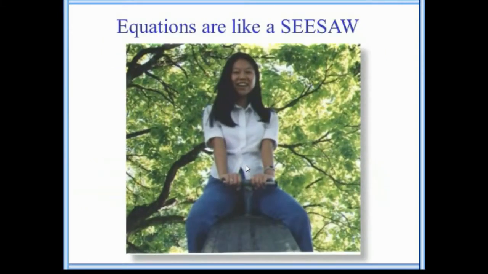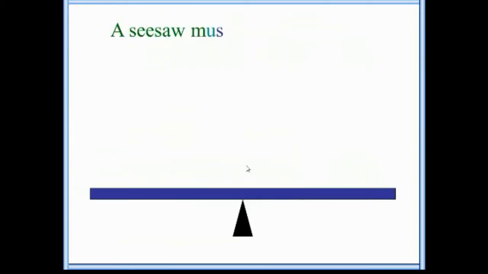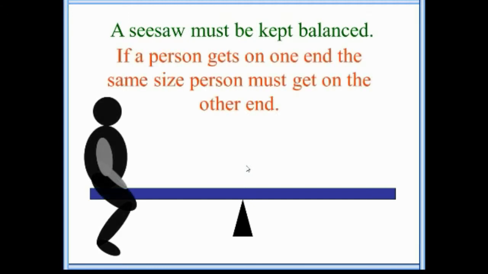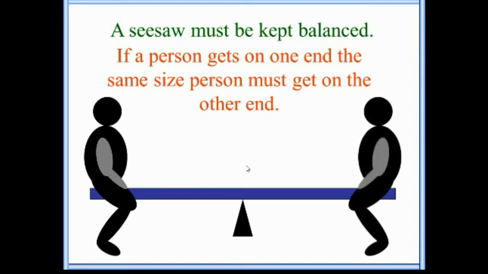An equation is just like a seesaw, right? So we must keep the seesaw balanced. How? If you put a person on one side, you have to put the same type of person on the other side to make it a balance.